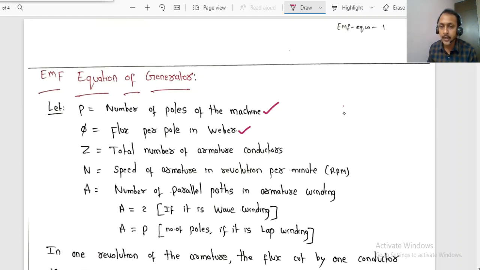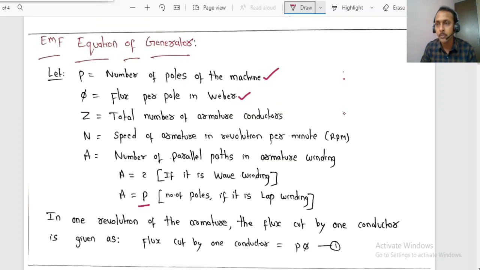If the winding type is lap winding, the number of parallel paths will be equal to the number of poles P. While doing the problems, they will specify which type of winding the machine is having. So depending upon that, we can decide whether A equals 2 or A equals P.